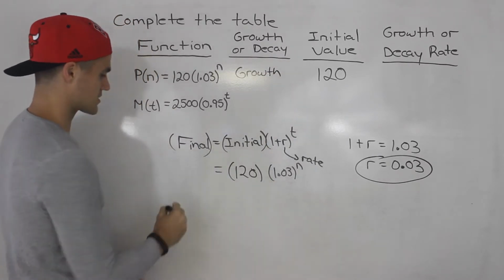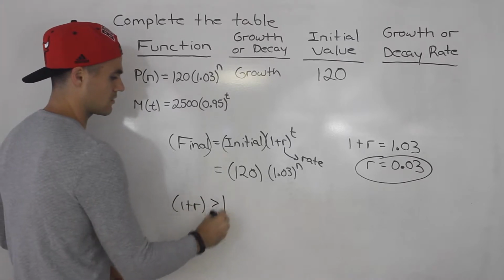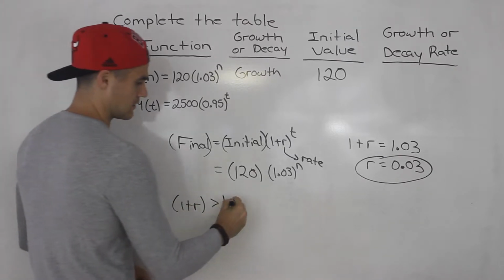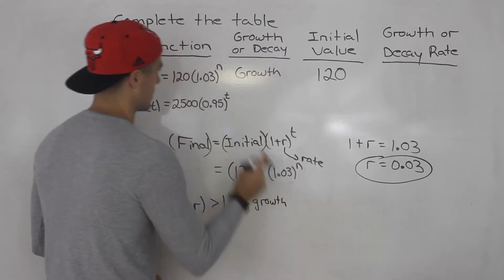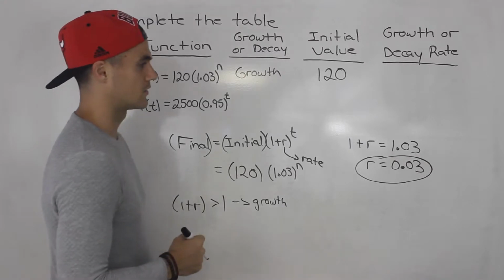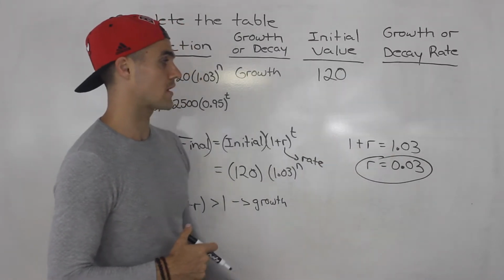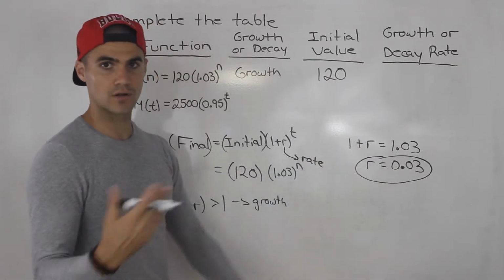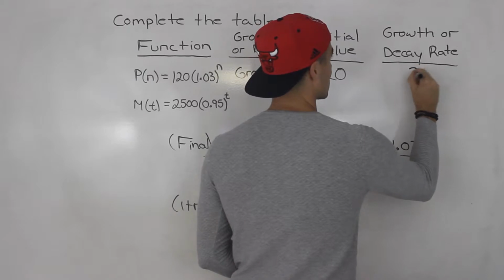Basically, if this 1 plus r, this whole bracket, is greater than 1, then you're dealing with a growth scenario. And notice that 1.03 is greater than 1. Right? So 0.03 is our growth rate. And that's in decimals. If you want to convert it to percentages, you multiply it by 100. So this would be 3%.